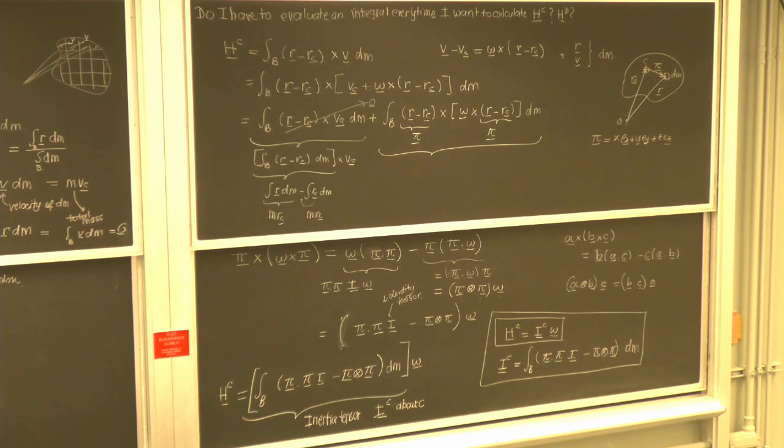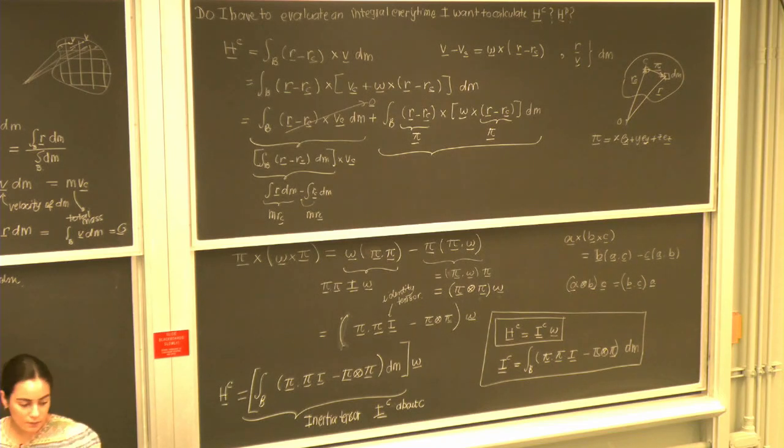For now, I'll have that pi dot pi is equal to x squared plus y squared plus z squared. The matrix representation of the identity tensor is the identity matrix. And then the matrix representation of this is equal to x squared, xy, xz, xy, y squared, yz, xz, yz, and then z squared.